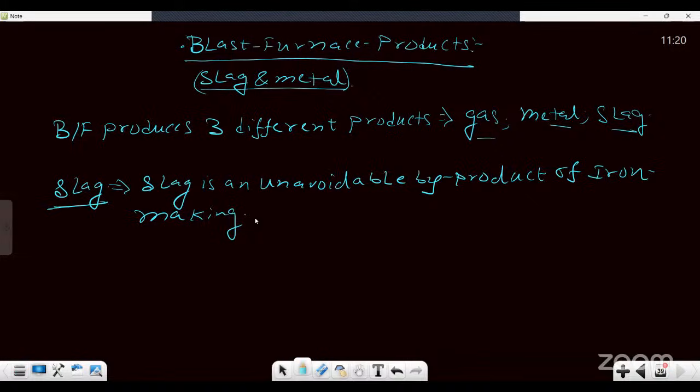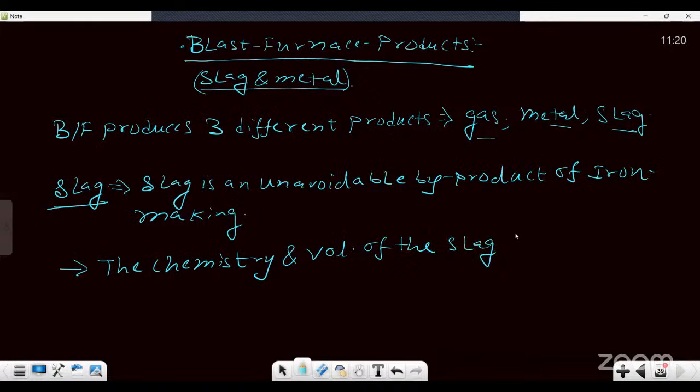The chemistry and volume of the slag depend mainly on the burden composition.